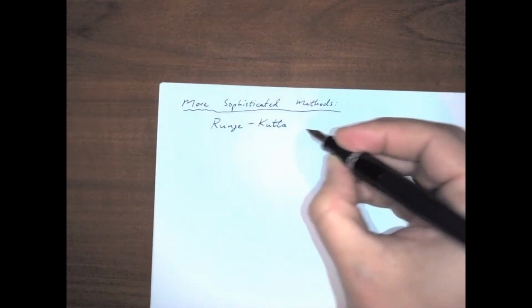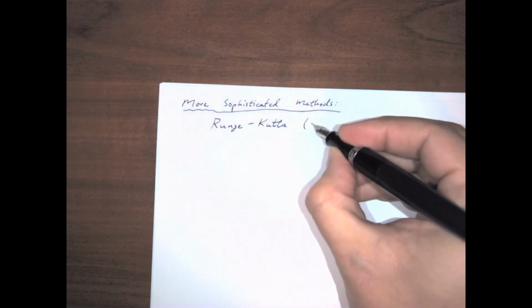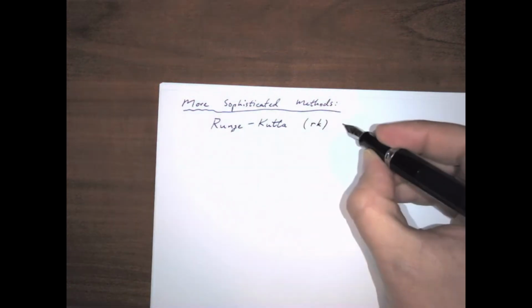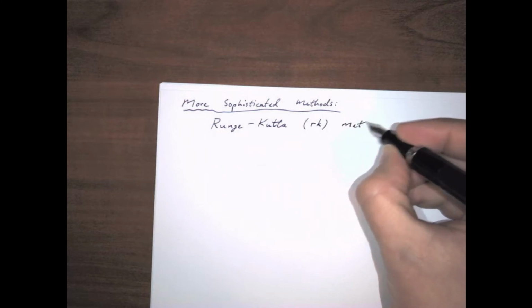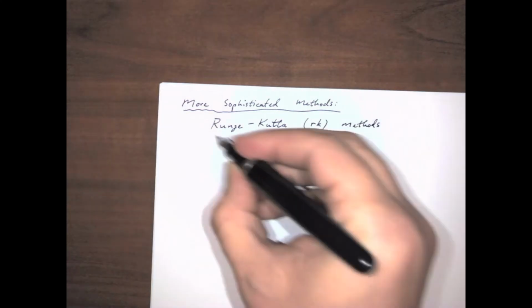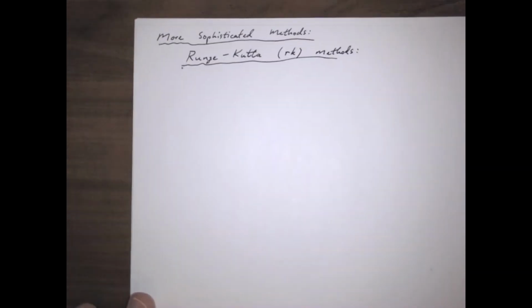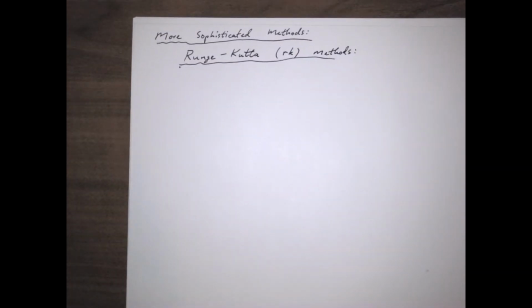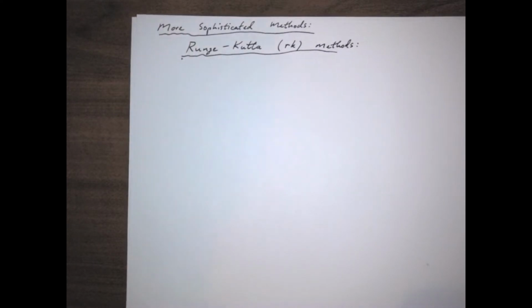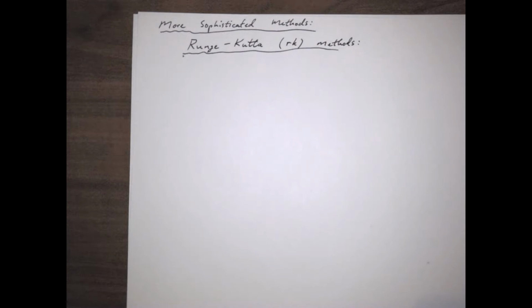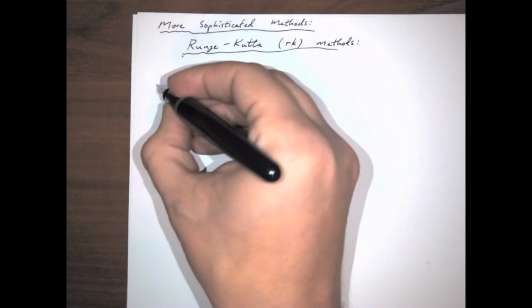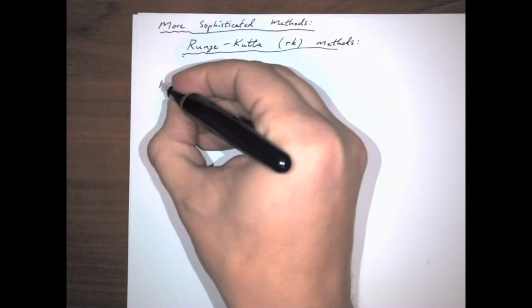So Runge-Kutta methods, or RK. What is frequently called just the improved Euler's method, or there are other names like Heun, another German mathematician, in fact, who also developed this, would be RK2.